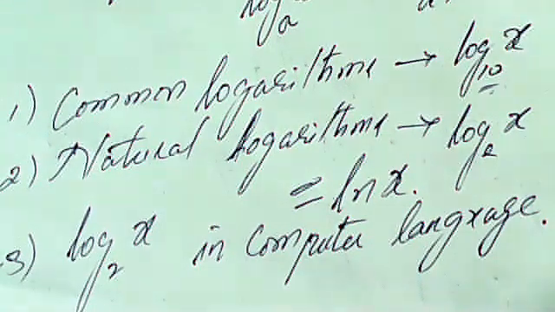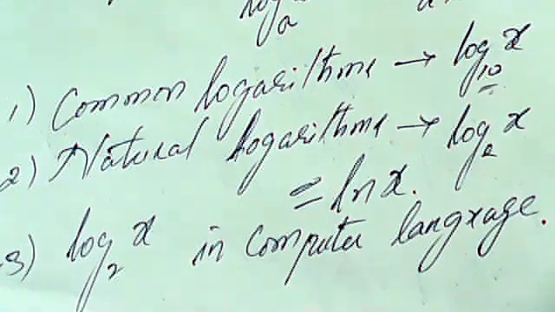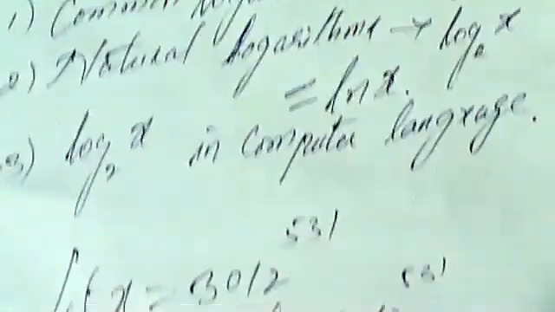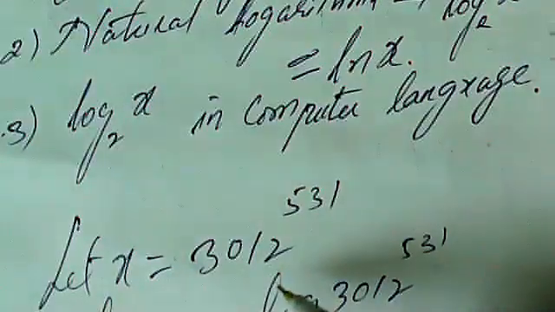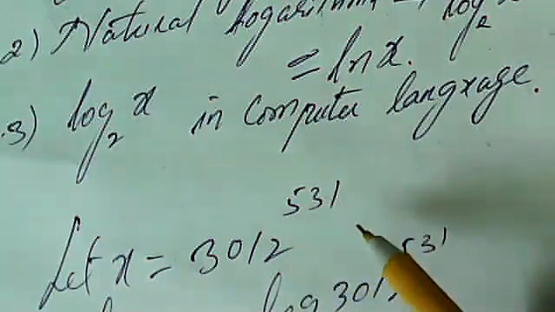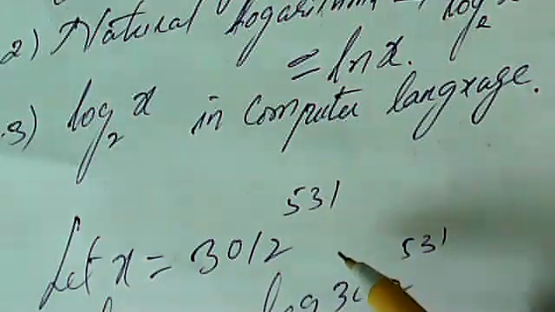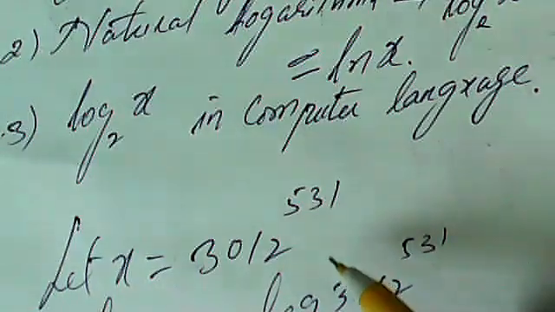Logarithms have wide applications in the field of science and technology, maths and physics, not only maths and physics, in chemistry also. And it makes very tedious calculations very easy. Suppose you consider a number 3012 raised to 531. How do you calculate 3012 into 3012 into and so on, 531 times?